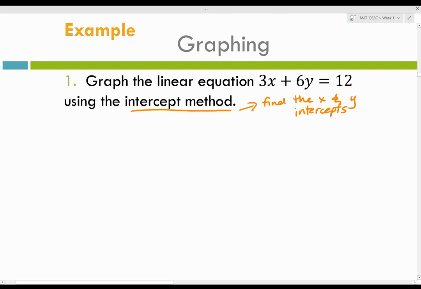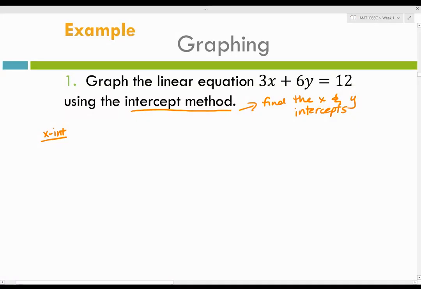So I'm going to use what I just learned. When you find them, the order in which you find them doesn't matter. If you want to find the x-intercept first, go for it. If you want to find the y-intercept first, go for that. Typically, I find the x-intercept first, just out of habit, but you don't have to.